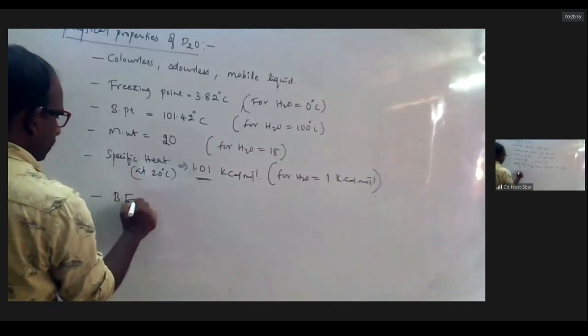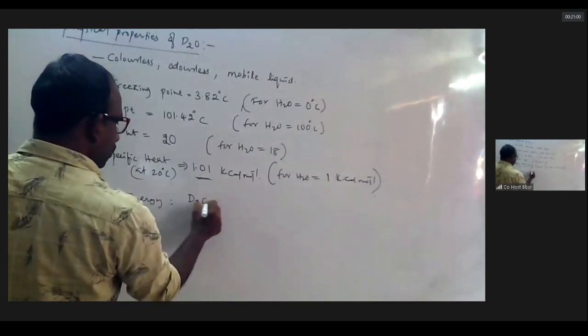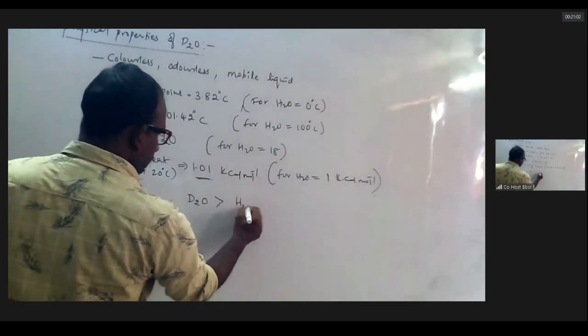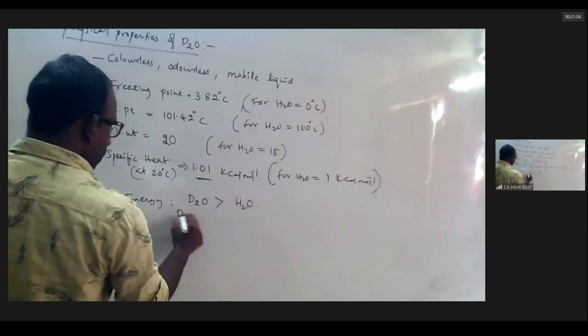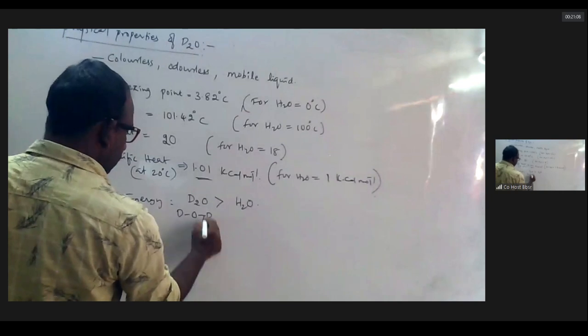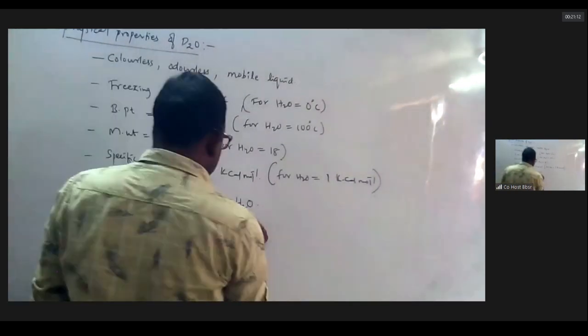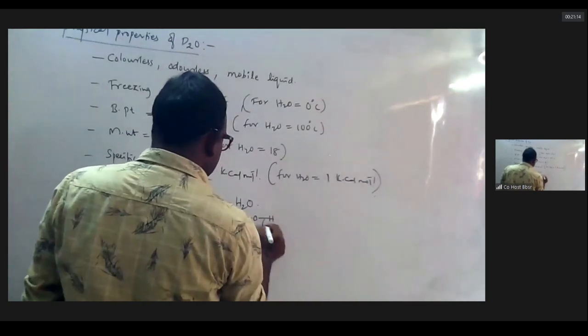Bond energy of D2O is greater than H2O. The D-O-D bond is strong, then the H-O-H bond is weak.